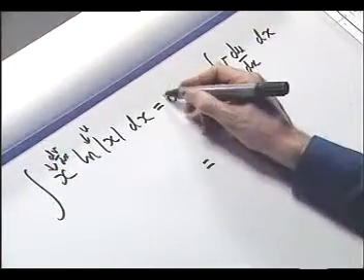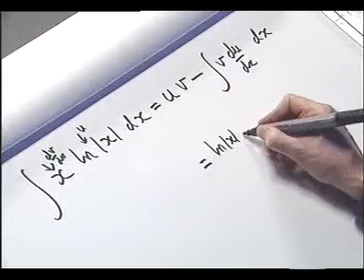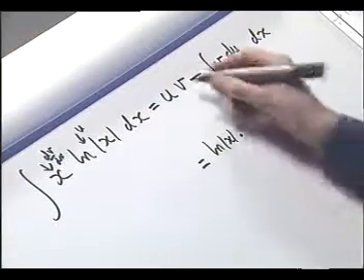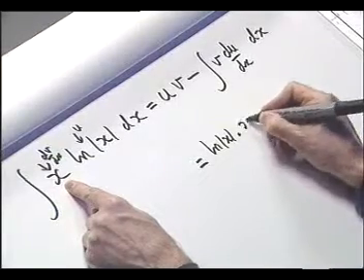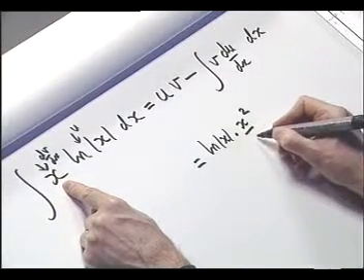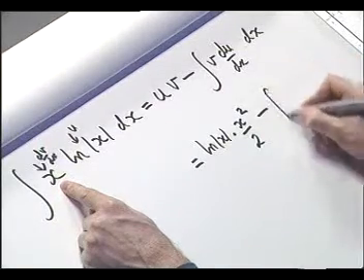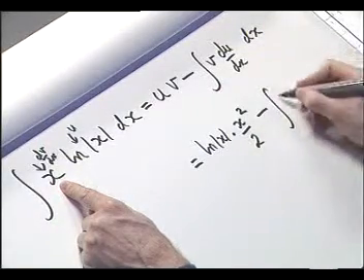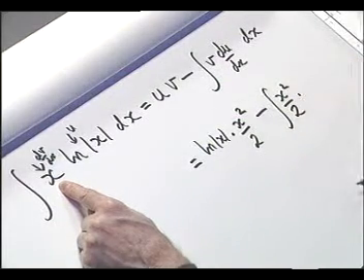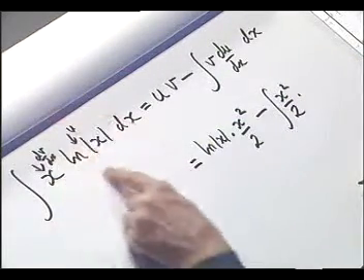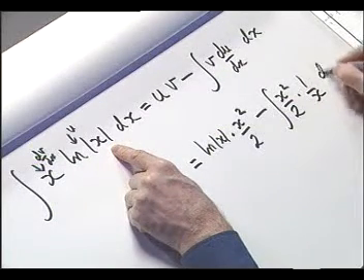So u, that's just log of x, times v. We have to integrate x. Well, we can do that, that's straightforward, x squared over 2. Minus the integral of v again, x squared over 2, times the derivative of this, which we can do. It's 1 over x dx.